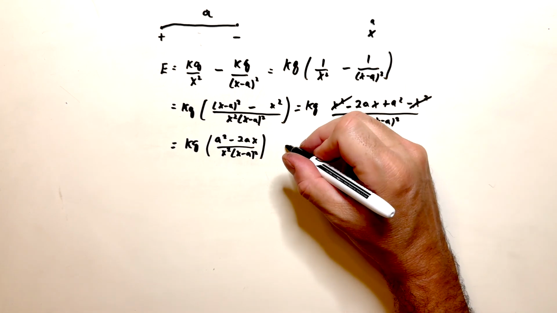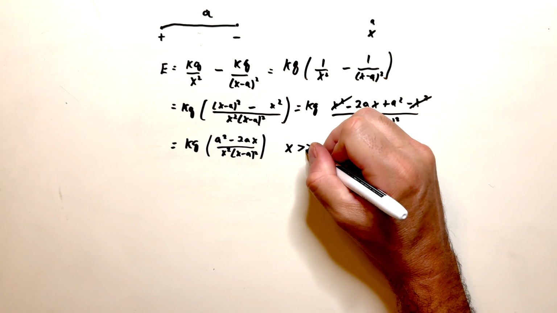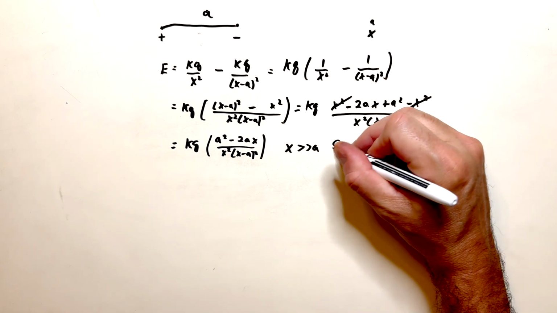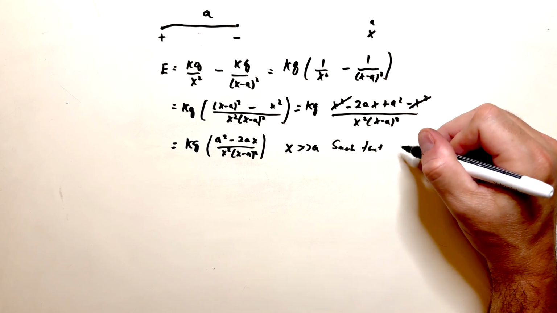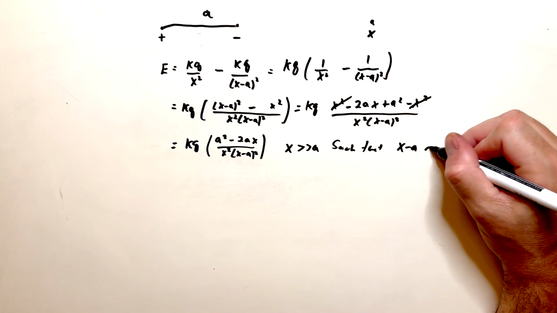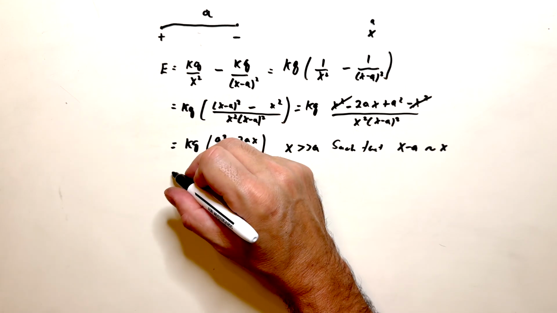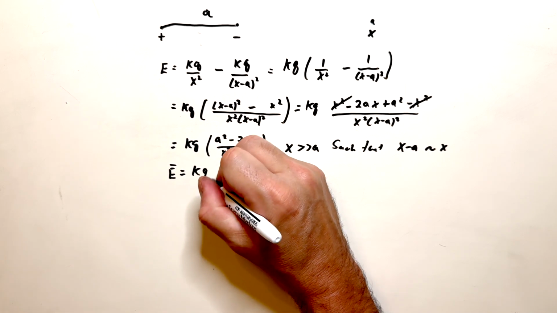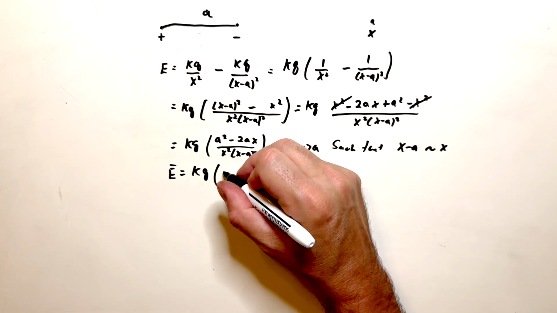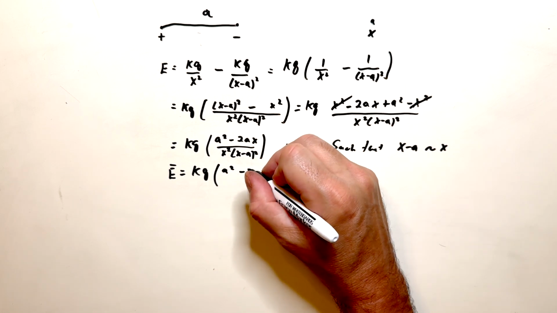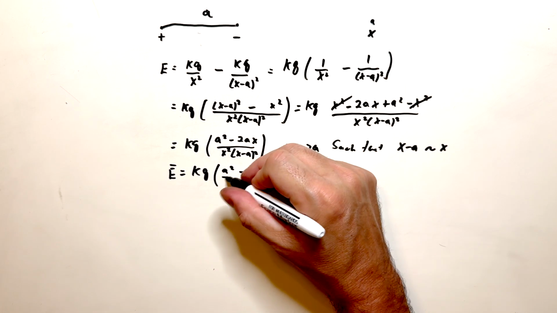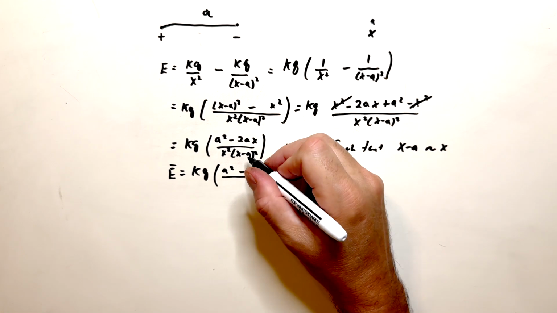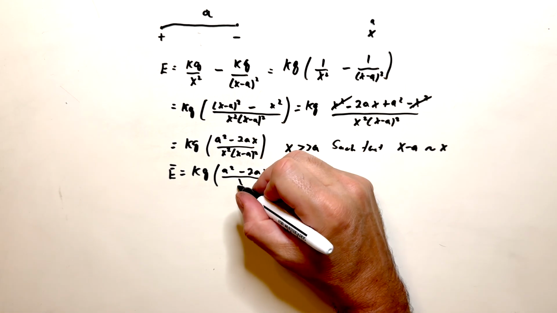Now let's impose the condition that x is much greater than a, but not too much, such that x minus a is approximately x. Then the electric field is equal to kq times a squared minus 2ax over, well, if x minus a is approximately x, then x squared times x squared gives me x to the fourth.